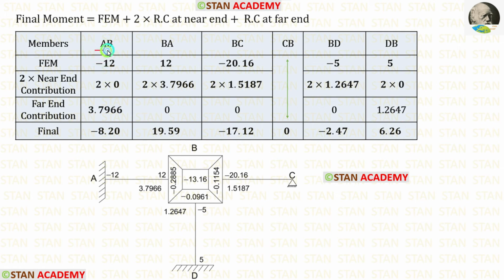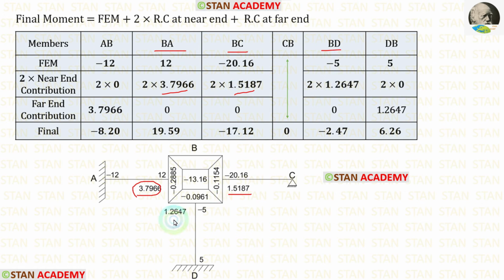We know that for AB and DB, the near end contribution is 0 because in the fixed supports there will be no contribution. For BA, the near end contribution is 3.7966. For BC, the near end contribution is 1.5187.